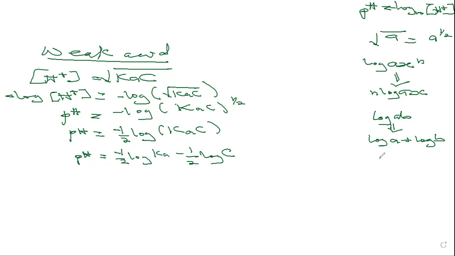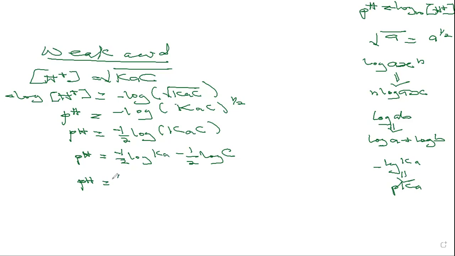But we know that whenever you see negative log of Ka, it is basically what we call the pKa. So I can say that the whole of this is the same as half multiplied by negative log of Ka.